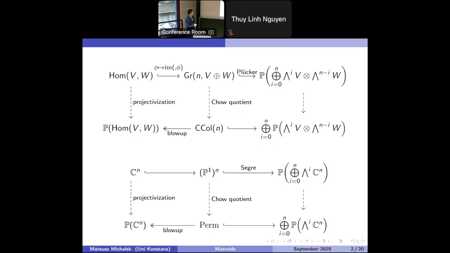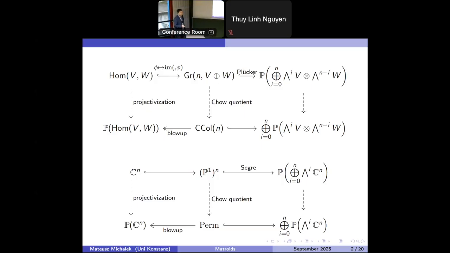And the magic is that a general point in complete collineations simply corresponds to a C star orbit in a Grassmannian, which is like an invertible matrix up to scaling. And special points correspond to unions of such orbits that I like to call zigzags. Maybe there are questions about this diagram, like someone would like to hear more about some entry in the diagram.